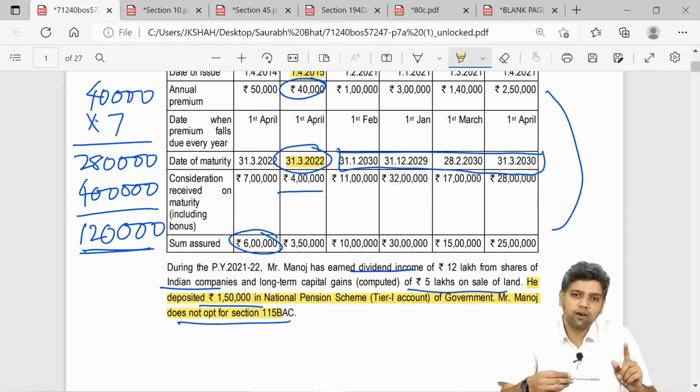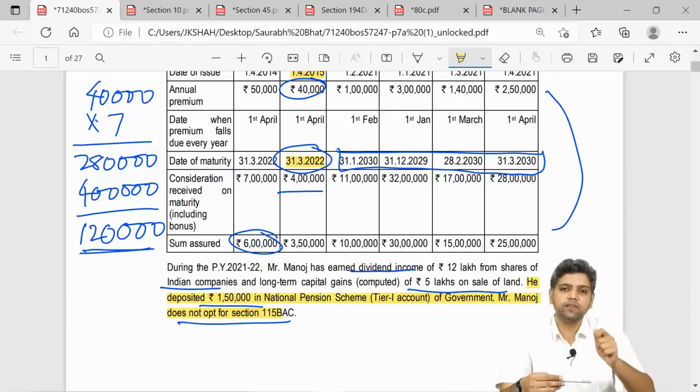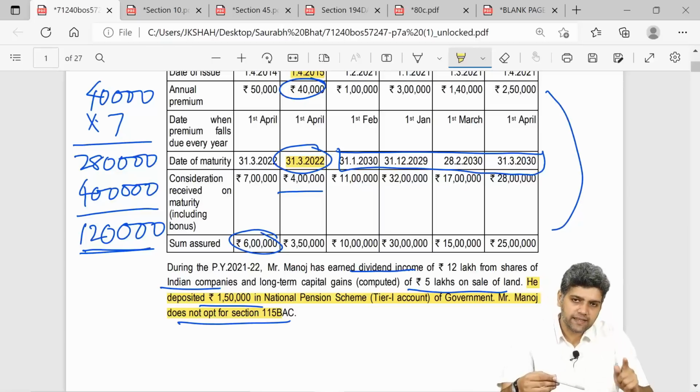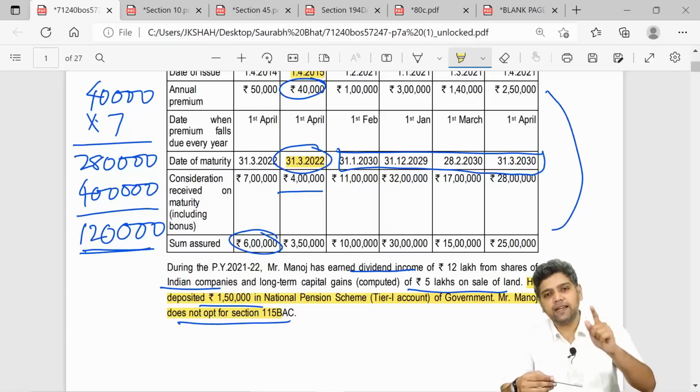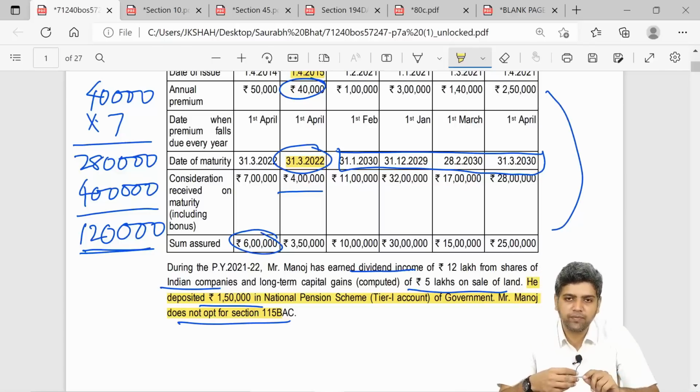But soon the government realized that people were not motivated to make contribution to National Pension Scheme. The reason being that section 80C plus section 80CCC plus section 80CCD subsection 1, that is for National Pension Scheme, the contribution put together cannot exceed 1,50,000 rupees.